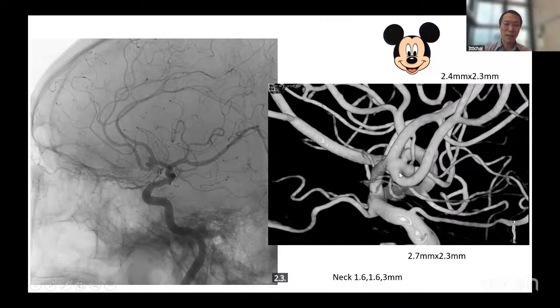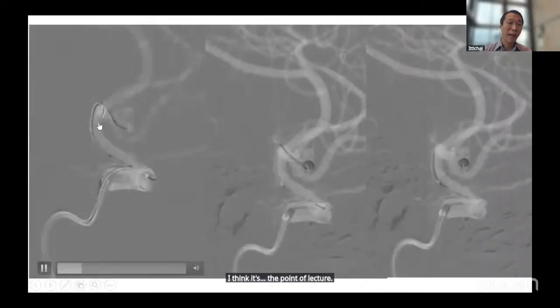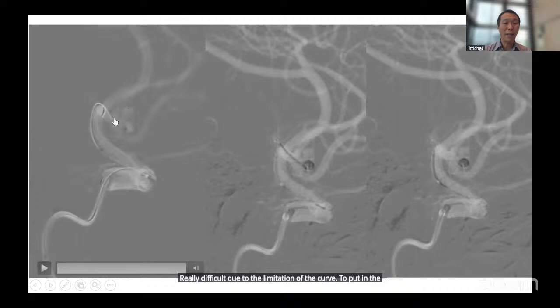It's a bit difficult, but as the first target, I wanted to secure the upper lobe first because I think it's the point of rupture. But in the working projection, placing the microcatheter and microwire in the upper one is really difficult due to the limitation of the curve.